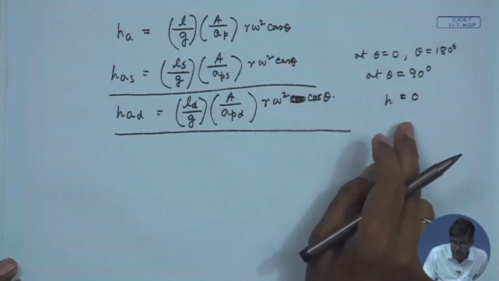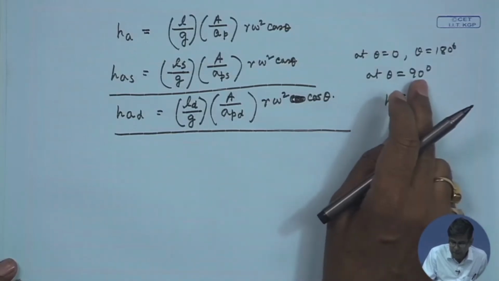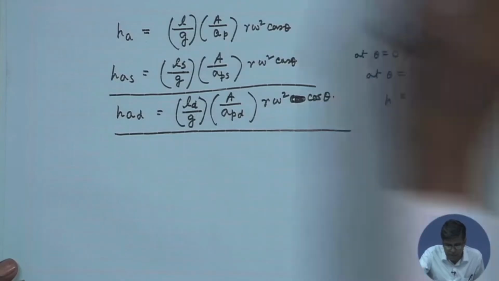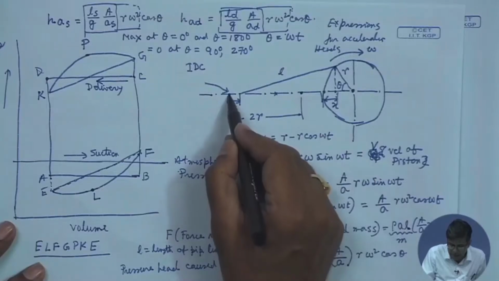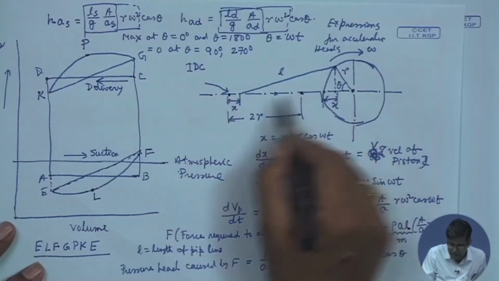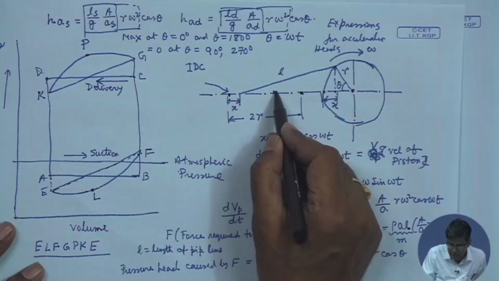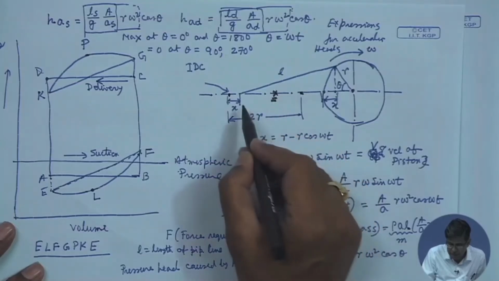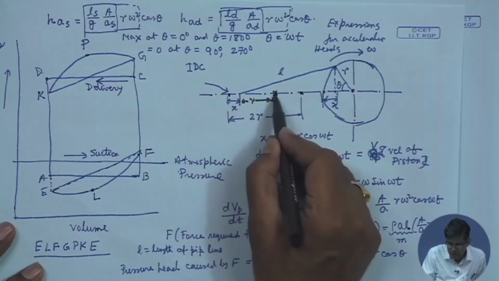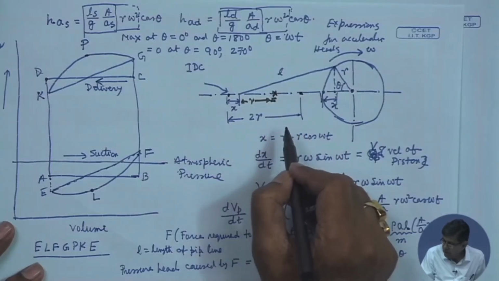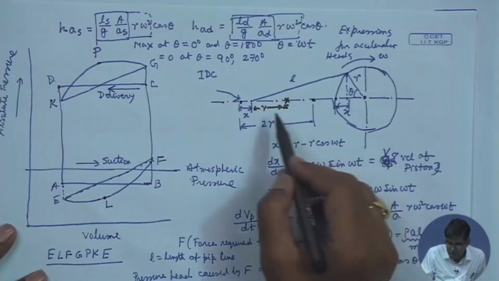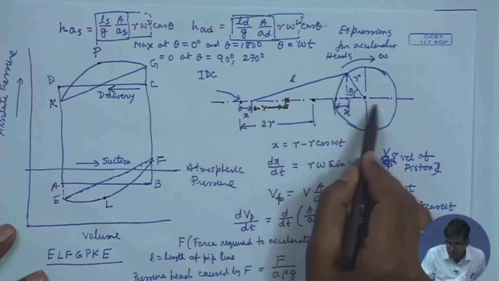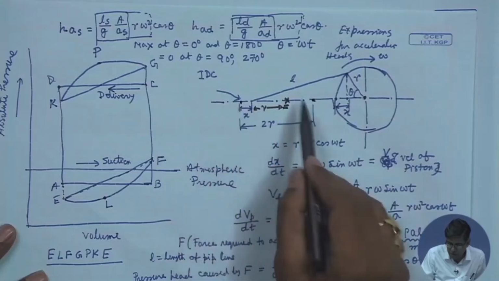So, at the dead centers we have maximum acceleration, and at the middle of the stroke, that is R, we get the maximum velocity, but the acceleration is 0. This is in consideration of the simple harmonic motion of the piston for a high ratio of L by R.